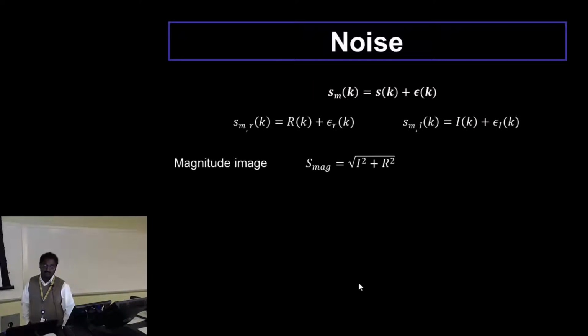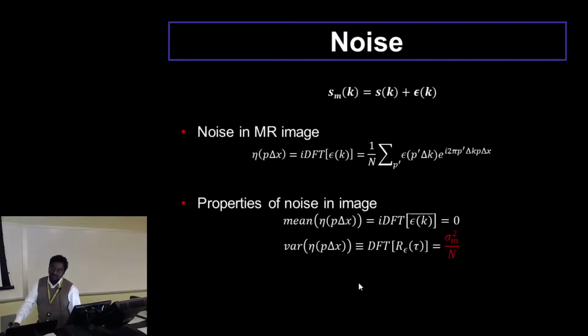So you have the real and imaginary channels, and the sigma measured squared by n relationship that you saw in the previous slide is valid for each of those imaginary or real channels, because both of them are being Fourier transformed.